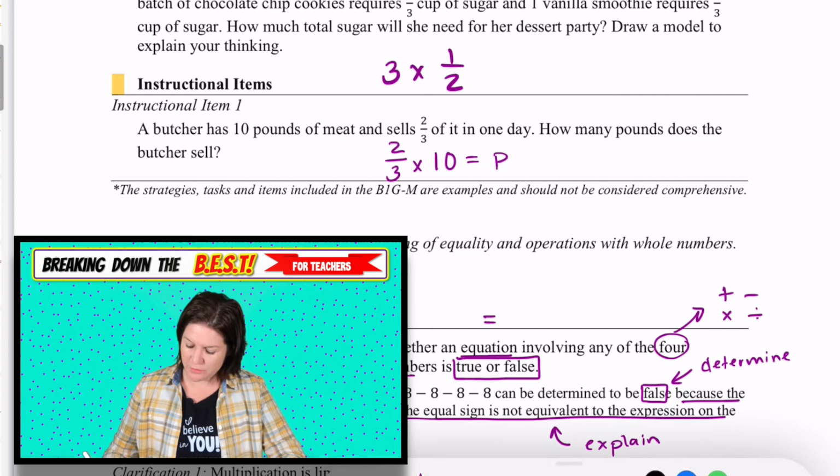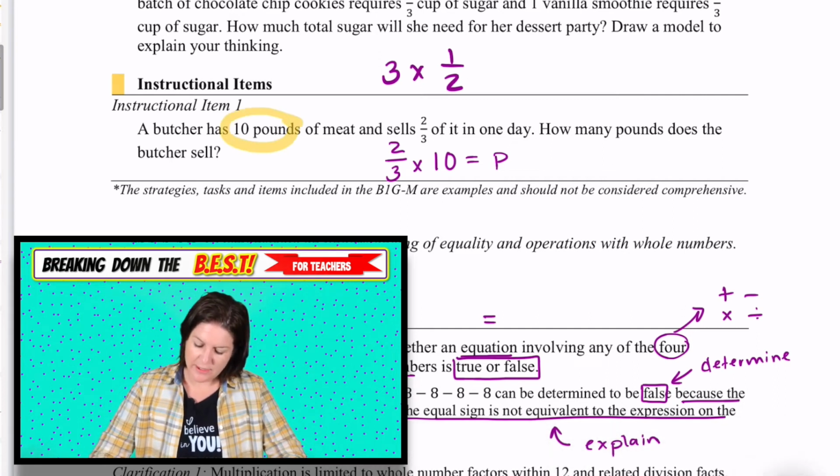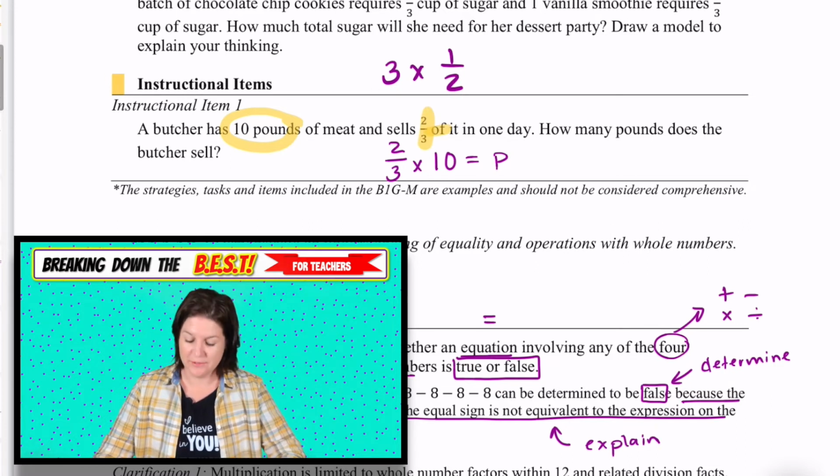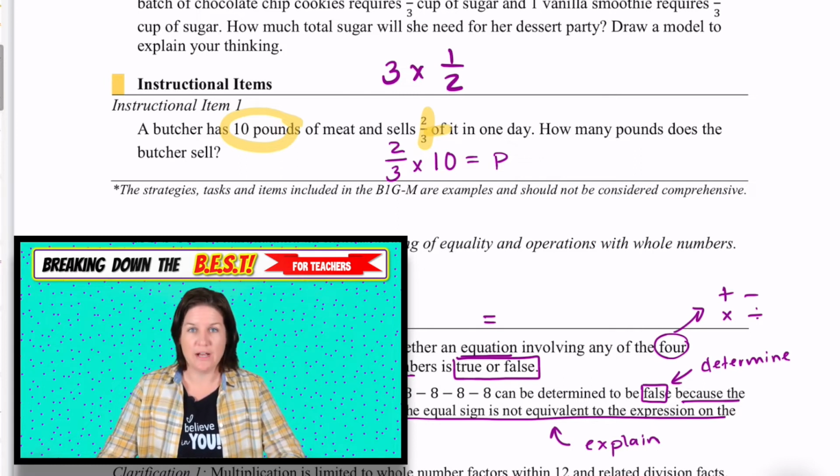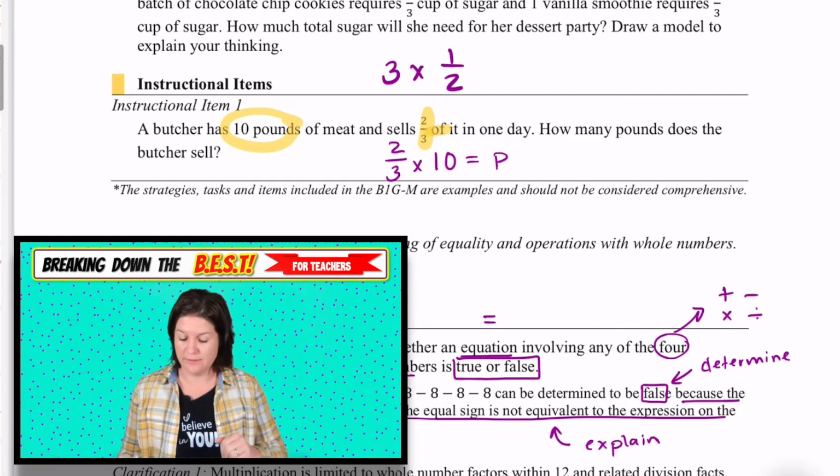But I love this situation right here that they gave you. So there's 10 pounds of meat and a butcher sells 2/3 of the meat. So we know it's going to be less than 10 that he sells. And when we're thinking about that, when we're modeling it out, which we do in the video lessons, model problems just like that.